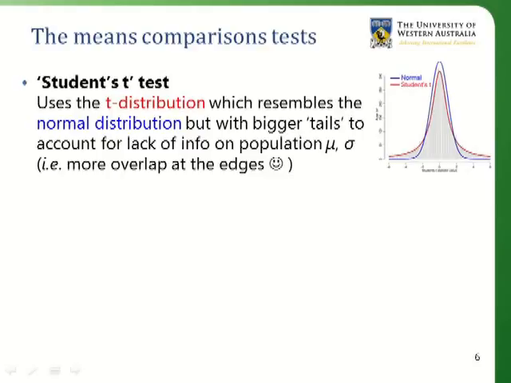So there's more overlap at the edges, and it will actually be a little bit conservative in identifying differences compared with the true normal distribution, and that accounts for the fact that in most instances in the environment we don't have information about the population. We only have information from our sample.